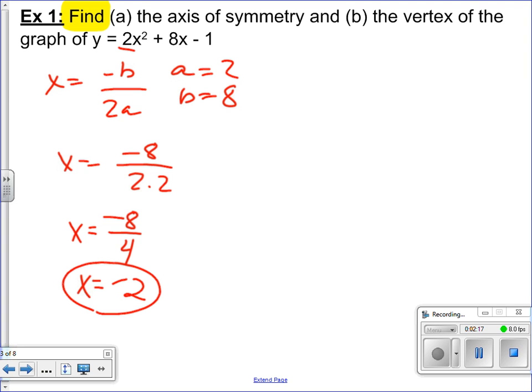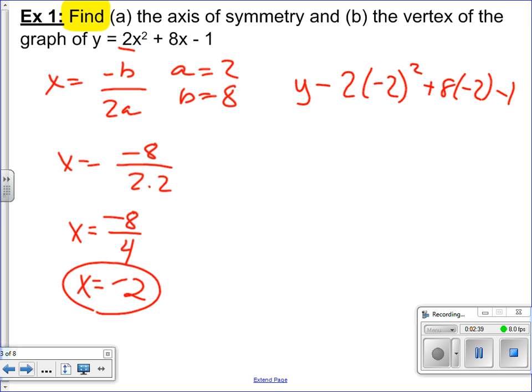Now, this is also the x-coordinate of the vertex. So to find the vertex now, we know the x value has to be negative 2. So we're going to substitute in negative 2 for x so that we can find the y value and get our vertex.